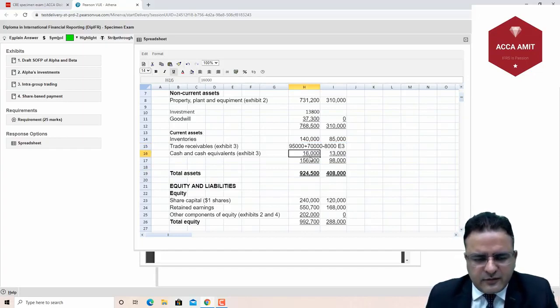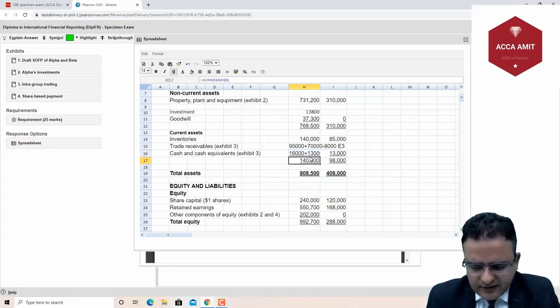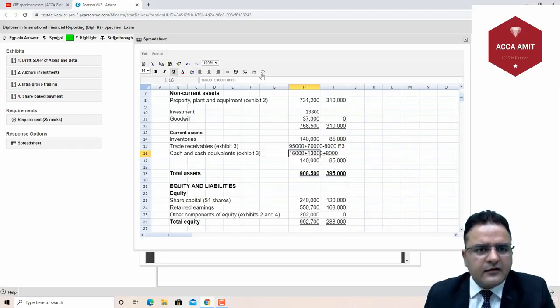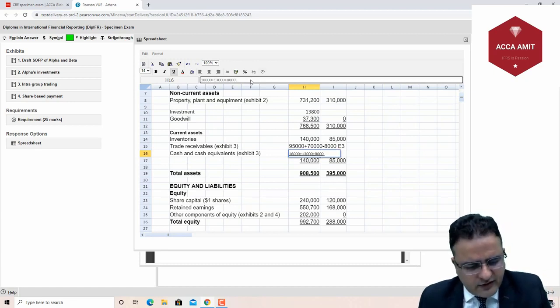Cash and cash equivalents will be 16,000 plus 13,000 plus 8,000 in the assumption that as if the cash has been received. This is because of working note number 3.